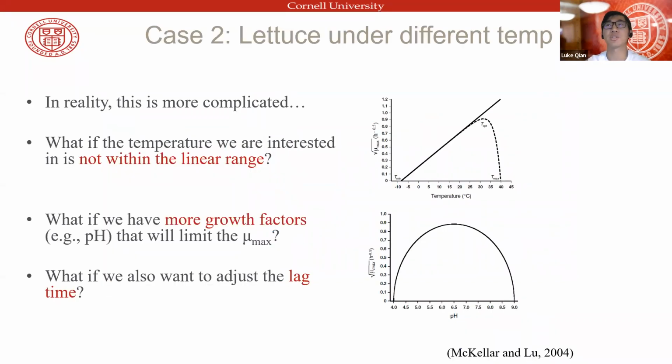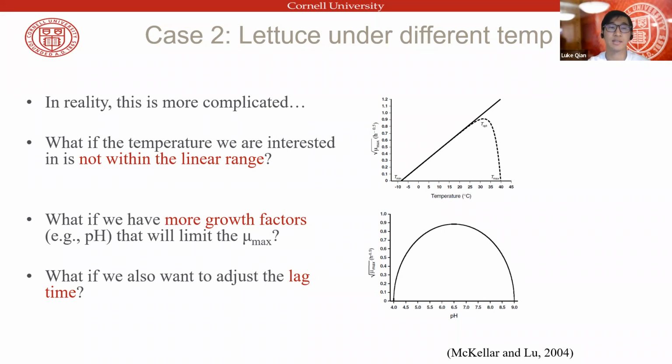So with that combination of primary growth model and secondary growth model, we can basically predict the growth of microbial under different temperatures and different initial concentration. In reality, however, the secondary growth model can be more complicated because in the example we showed, the temperature and the growth rate are linearly correlated.